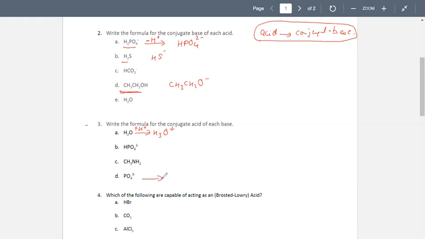How did you get 4 positive there? I don't know. I just added to it because I was adding a hydrogen, I guess. Yeah, but when it's a conjugate acid of each base, the base just takes 1 proton. Let me just add this just like over here. So what do you think it's going to be now?